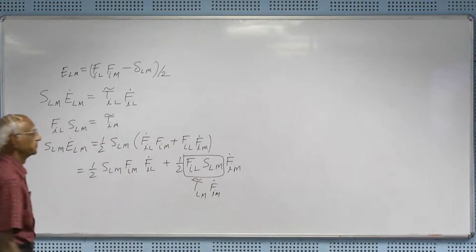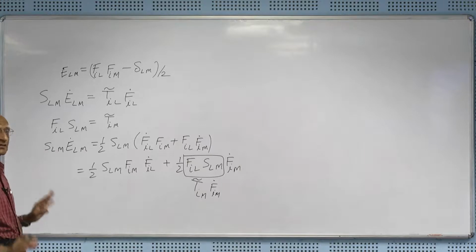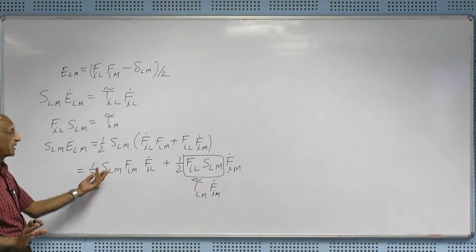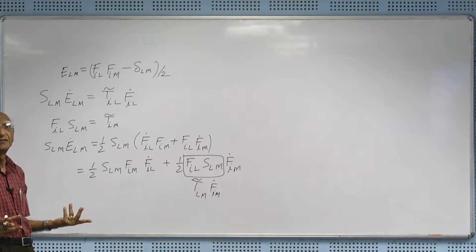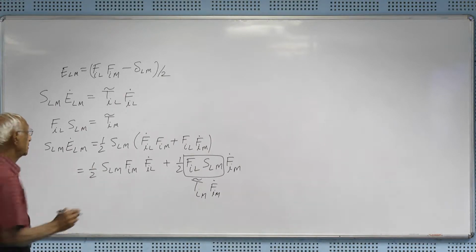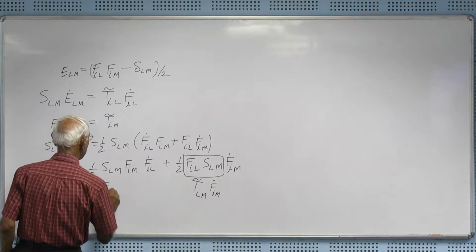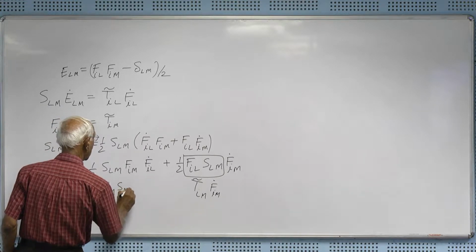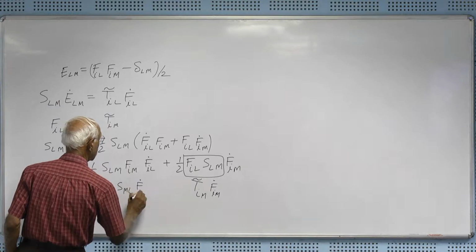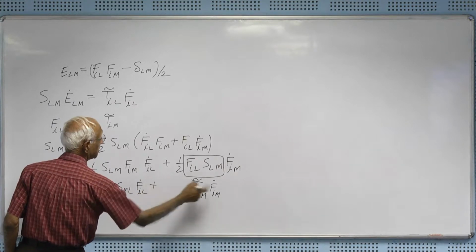And here S is symmetric, so I can write S_LM as S_ML. So I get 1/2 F_iM S_ML F dot_iL plus that term.